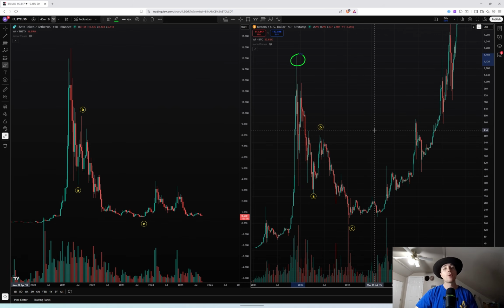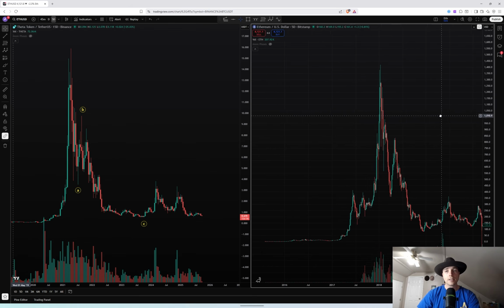So both Bitcoin and Theta look exactly the same, which is why I've said on my X account that Theta is the next Bitcoin. I firmly believe that. It has strong fundamentals, the chart looks amazing, and it's extremely undervalued in the bigger picture. And I expect a big run, just like what we've seen in Bitcoin, in the future for Theta.